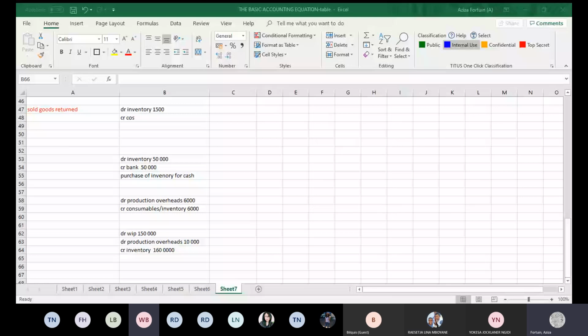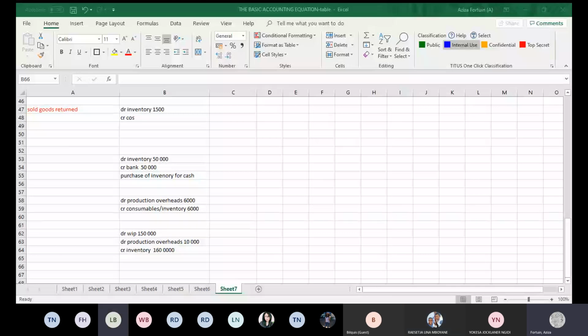When consumables are issued to production, they also go to my production overheads account. Indirect labor will also go to my production overheads account. Factory electricity, emphasis on factory, will also go to my overhead account. Rent, factory, emphasis on factory, will also go to my production overhead account.